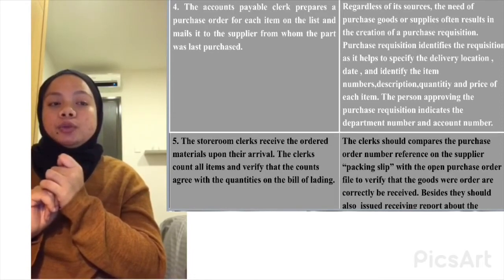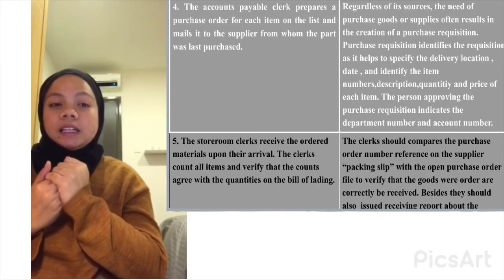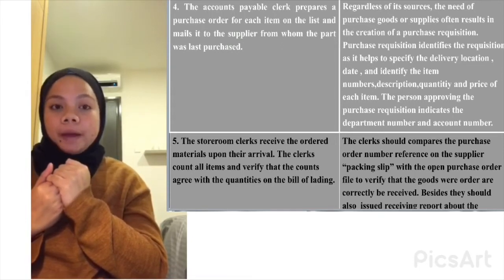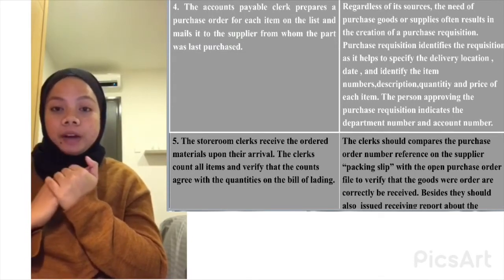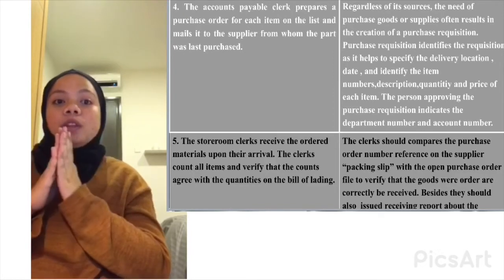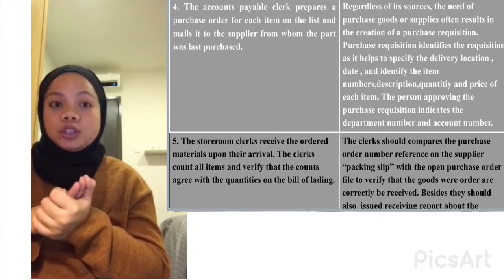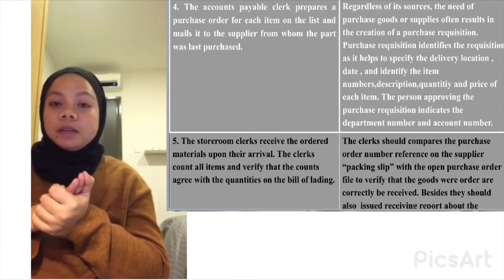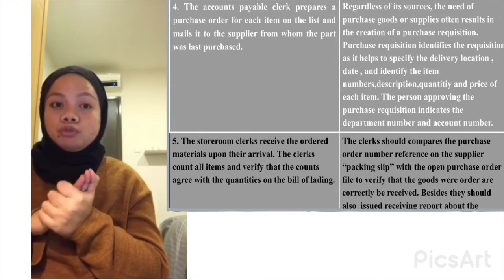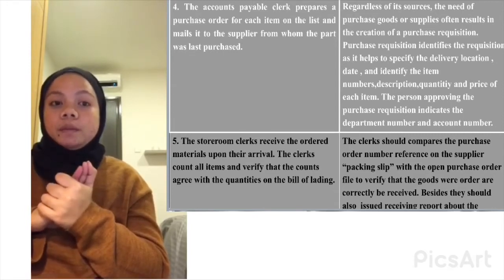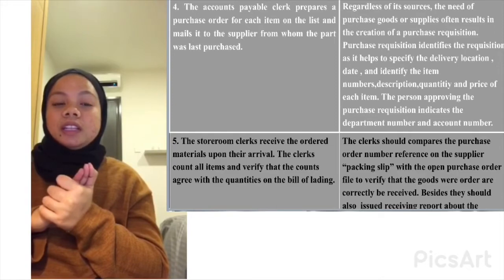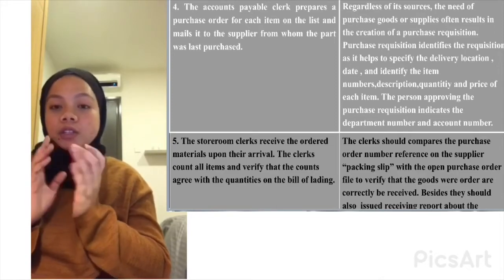So in order to improve, the clerks should compare the purchase order number referenced on the supplier packing slip with the open purchase order file to verify that the goods ordered are correctly being received. Besides, they should also issue a receiving report about the delivery, which includes the date received and so on.